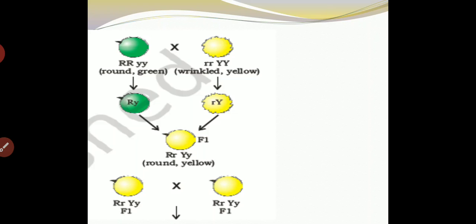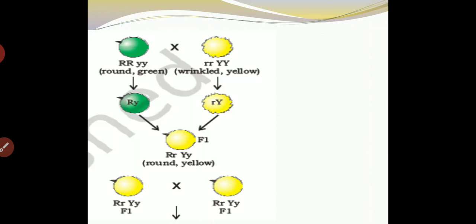Here you can see that capital R will be there, small y will be there. In the same way, capital R will be there, small r will be there, and capital Y will be there. Now both of them give R, small r, Y, small y, which is round and yellow.